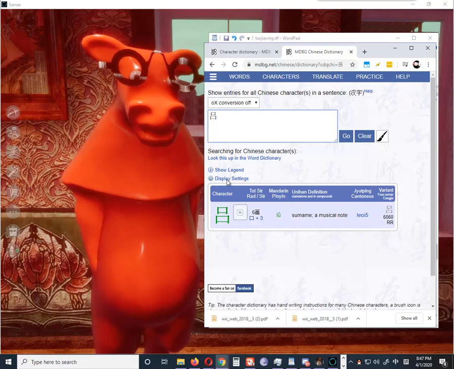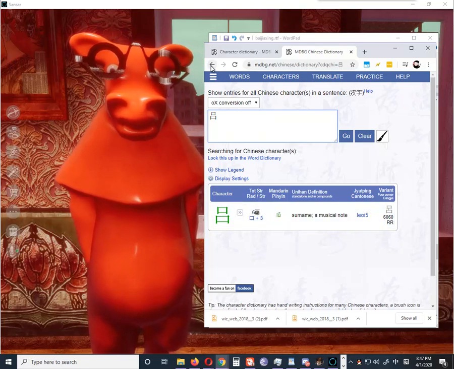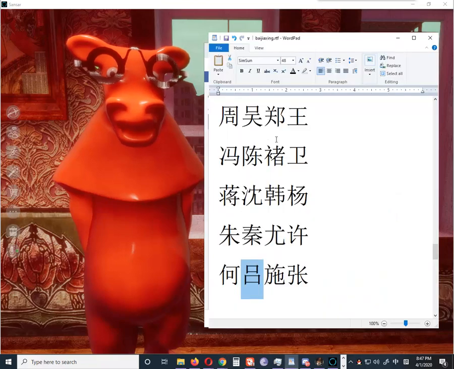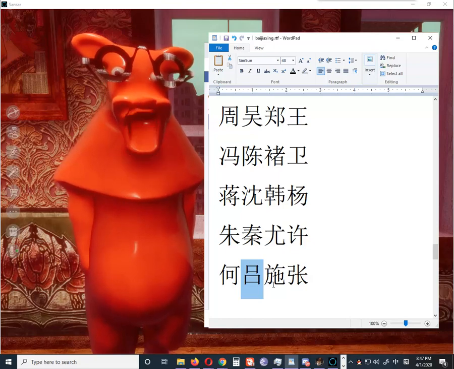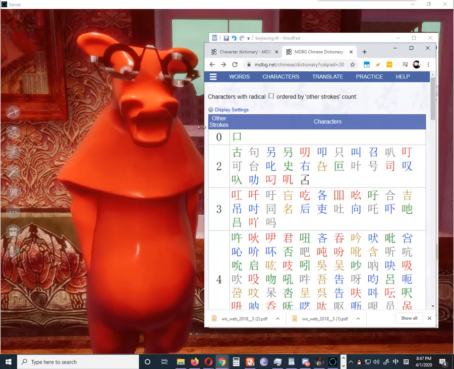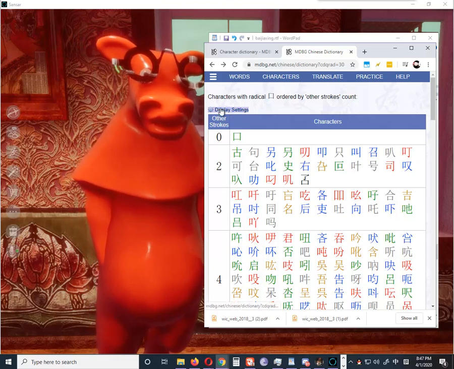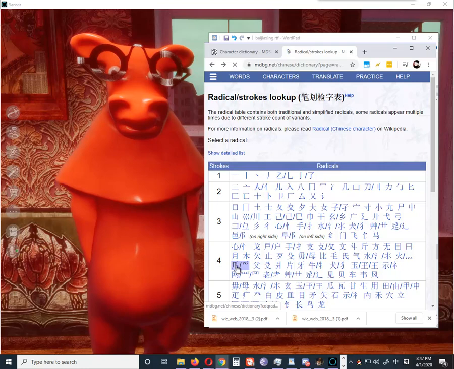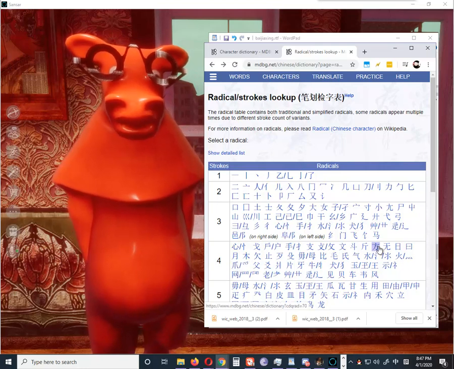All right. Now, the next character, I think this is one of the hard ones. It's got a fang. Okay, so that's 1, 2, 3, 4. That's in the 4-stroke category. So let's go back. 4 strokes. There it is.